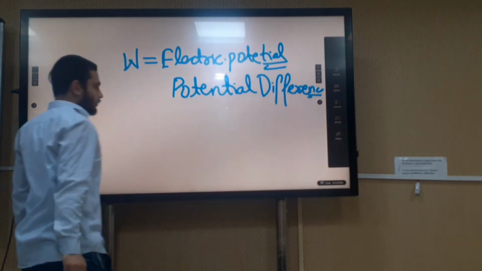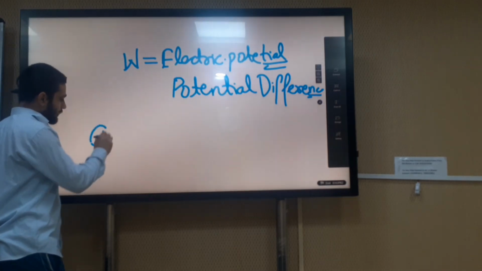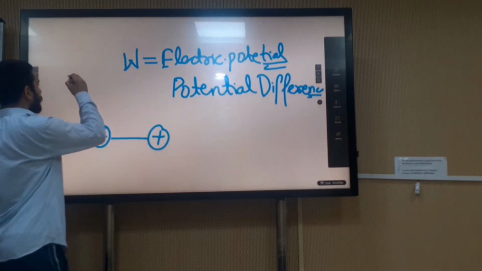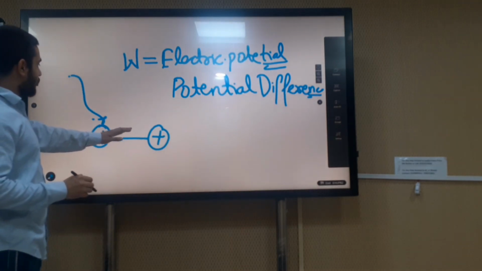Okay. So suppose that there is the charge assembly which is like this, of Q1 and Q2, and what will be the work done? Work done will be nothing else but the change in potential energy.